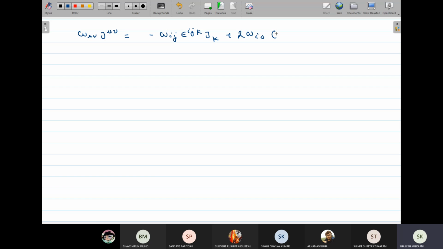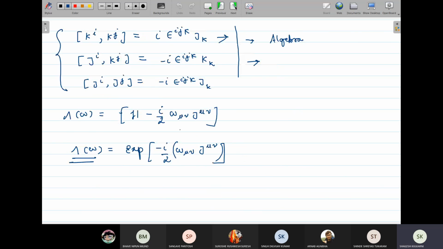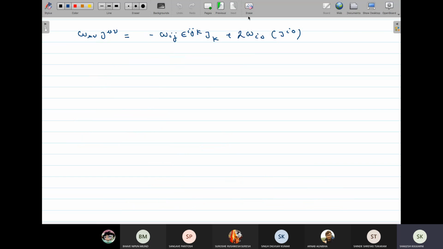I will keep that ji0 as it is, because ji0 by definition is just ki. Ki is ji0, so at the end I can just replace ji0 by ki.